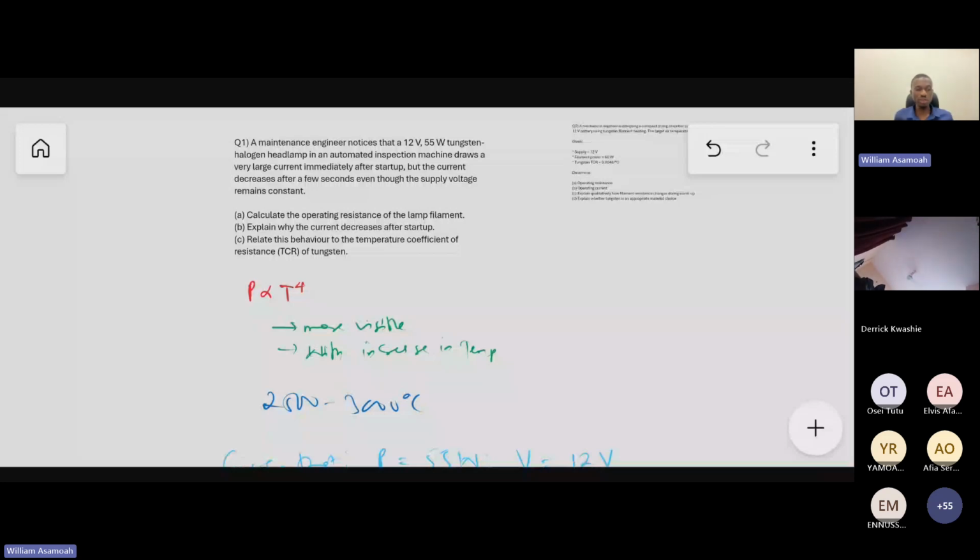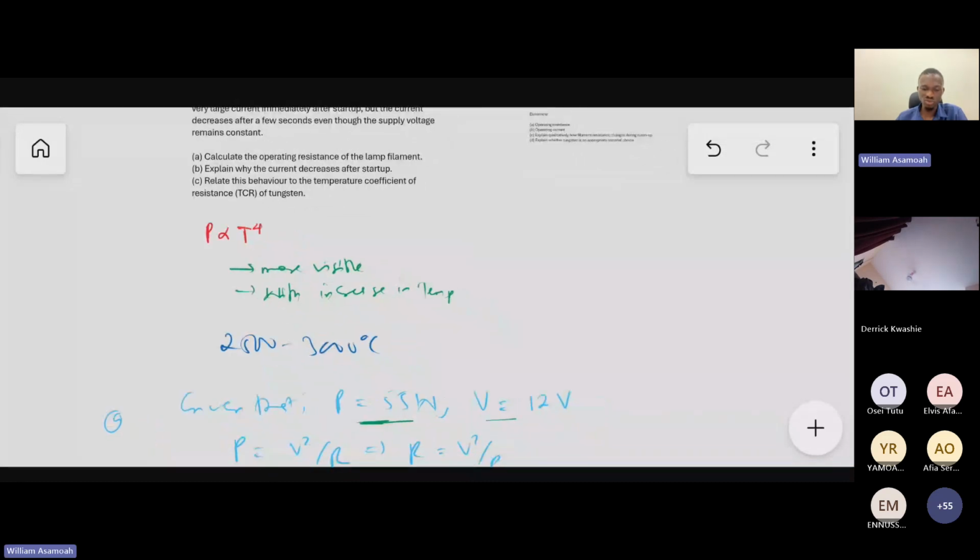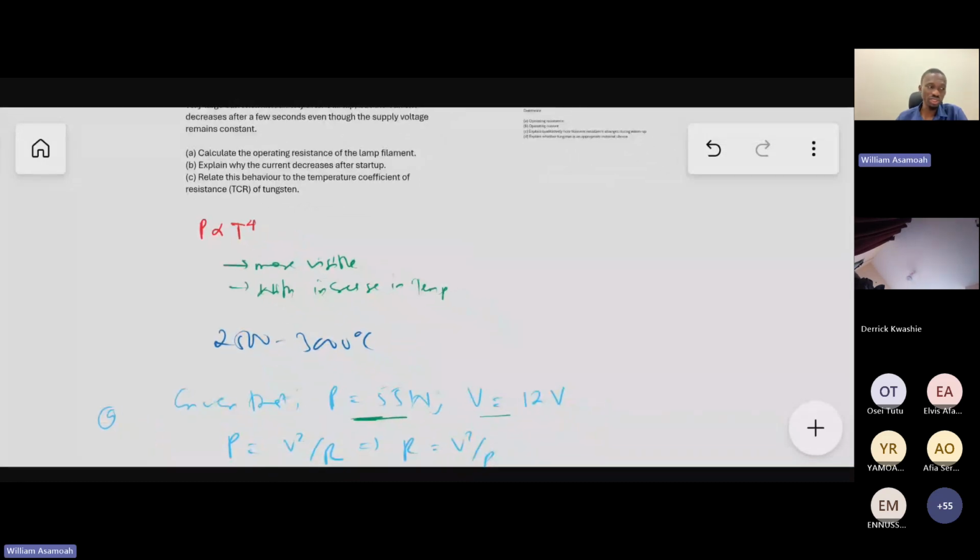Then to his shock, at start there is a very large current that immediately flows at startup. But the current decreases after a few seconds, even though the supply voltage is constant. So we are trying to explain why that happens.